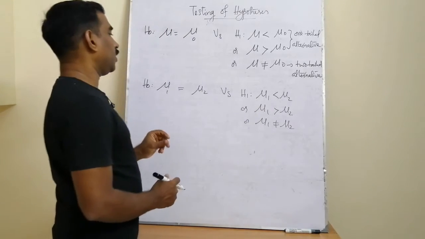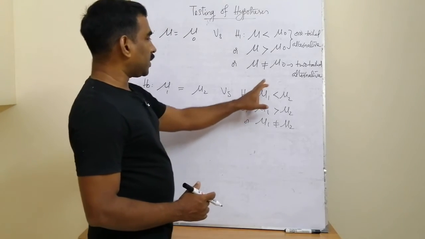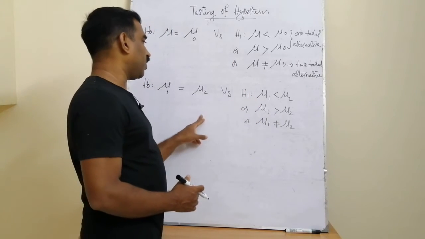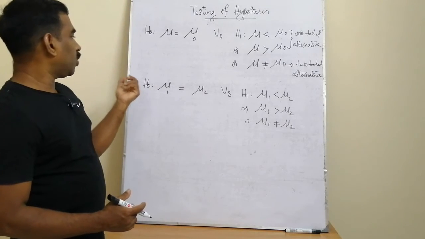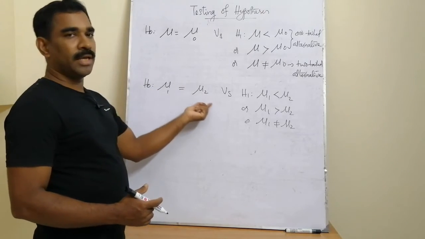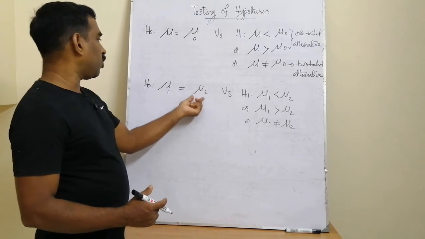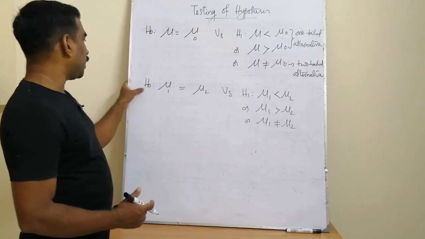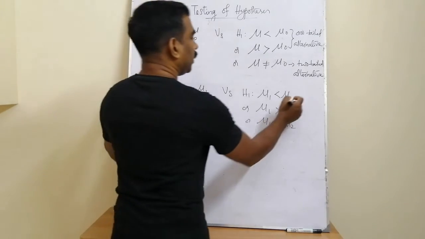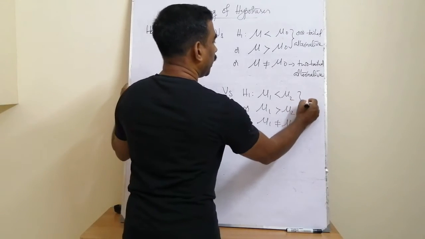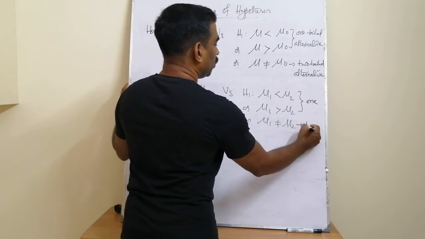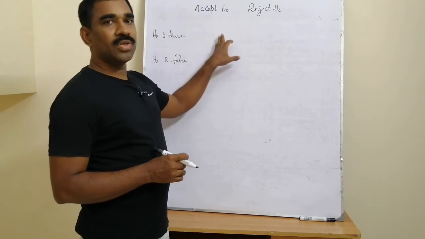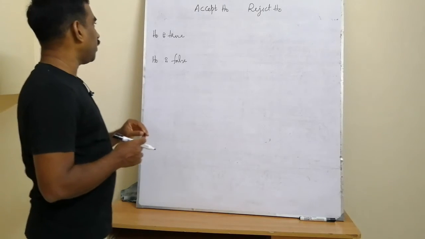Either one of these cases occurs, and we will write down this alternative hypothesis based on our sample information. We are drawing two samples from two populations with sample sizes n1 and n2. If mu1 and mu2 are their respective population parameters, we equate mu1 equal to mu2 and take it as the null hypothesis. In this case also, the first two are called one-tailed and the last one is called the two-tailed alternative.